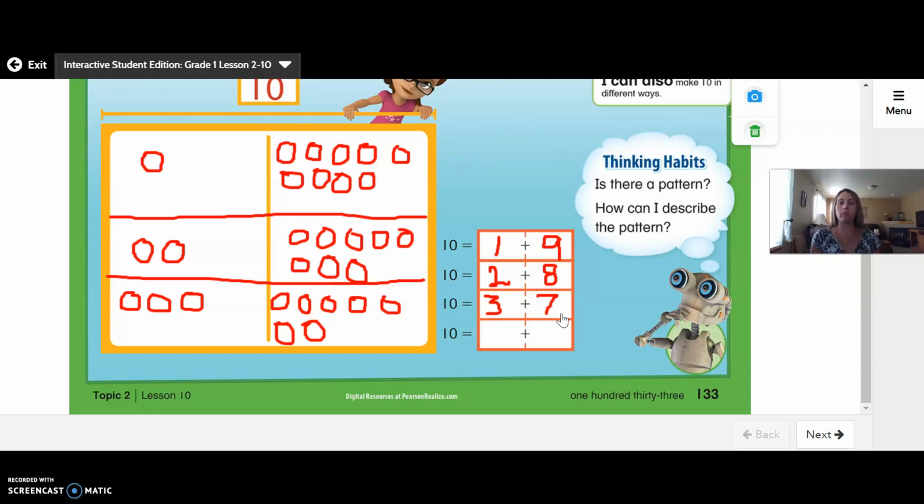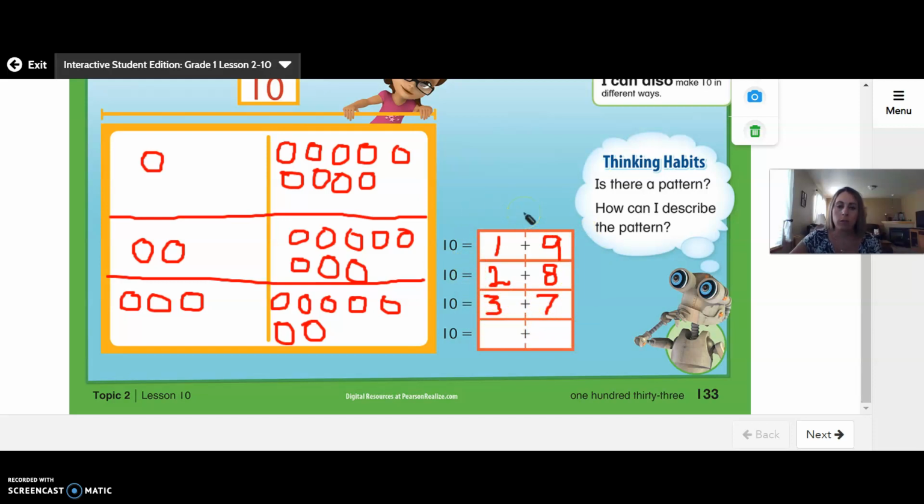Now, one of the things I'm thinking of is I'm looking for a pattern. This is one of my favorite things about math, is sometimes we see different patterns. And I see one right now. I've noticed that on this side, I have 1 plus 9, then 2 plus 8, then 3 plus 7. Do you see any patterns that are happening right now?